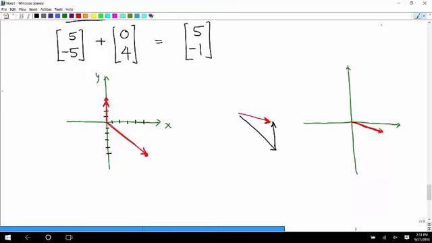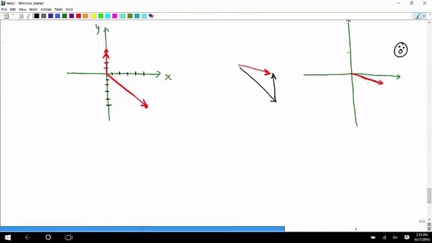And that matches the answer we got here. So those are the same thing, those two ways of doing it. It's not really that surprising. I sort of drew the picture to make it work, but if you did it really carefully with a protractor and stuff, it would work out exactly.